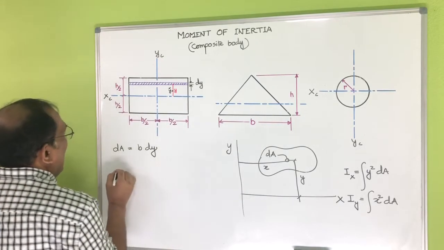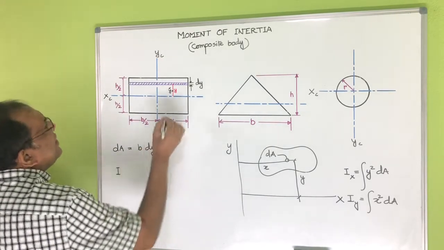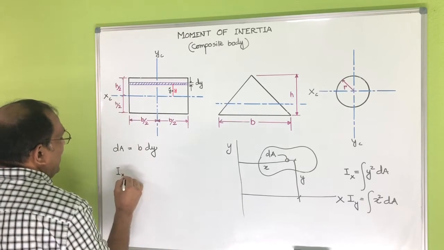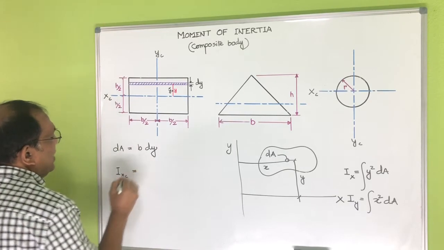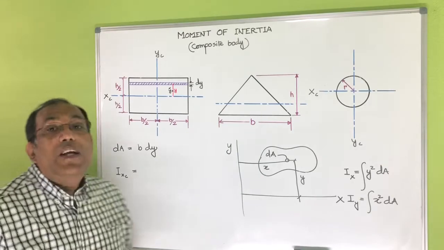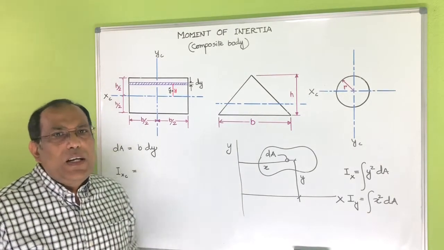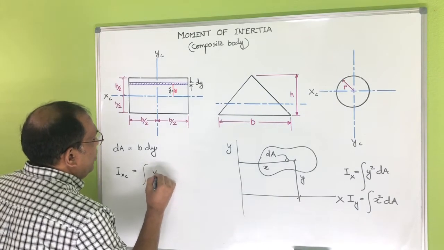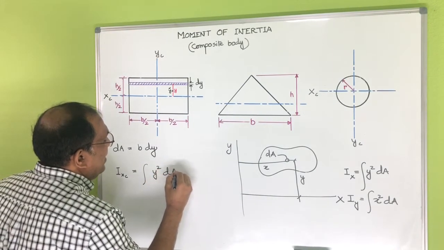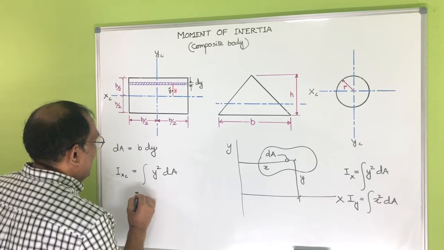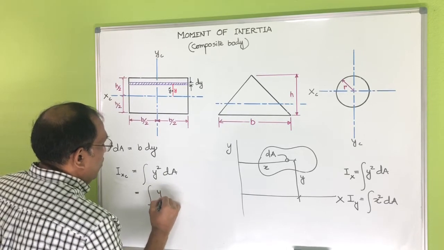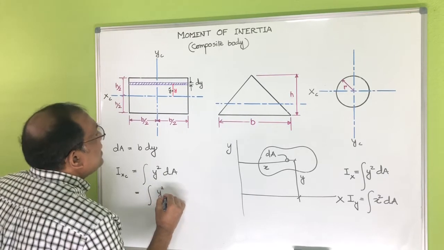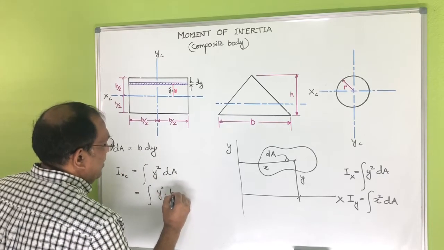So your Ixc, meaning the centroidal x-axis, would be the integration of y squared dA. I can write y squared times dA, where dA is b dy.